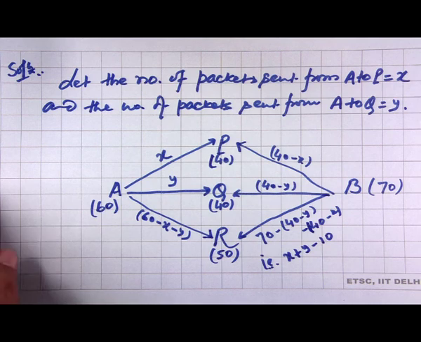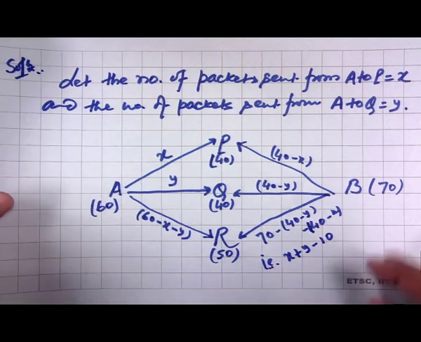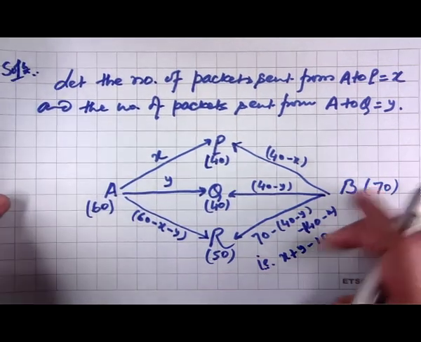So x plus y minus 10 packets will be sent from B to school R.